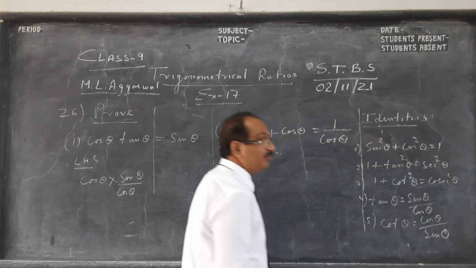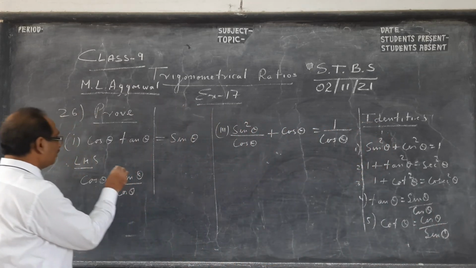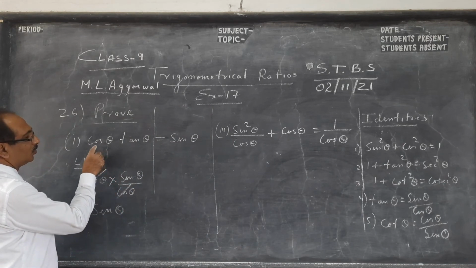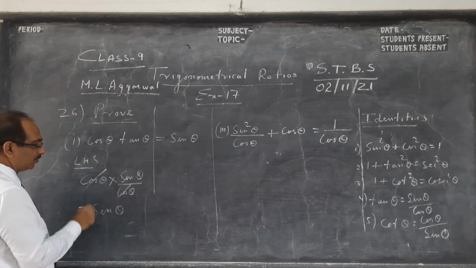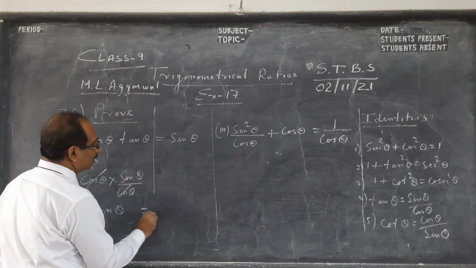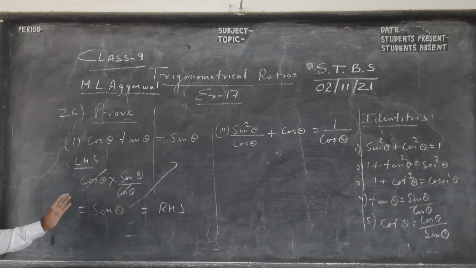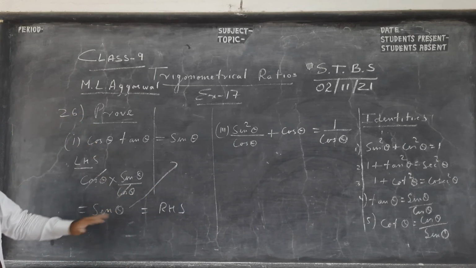So this you have to use, otherwise you cannot solve. This will cancel. So we get this is equal to sin theta. So tan theta is sin by cos, cos will cancel, and this is equal to my RHS. Okay, so you can pause the video and try to understand. I have just substituted and cancelled.